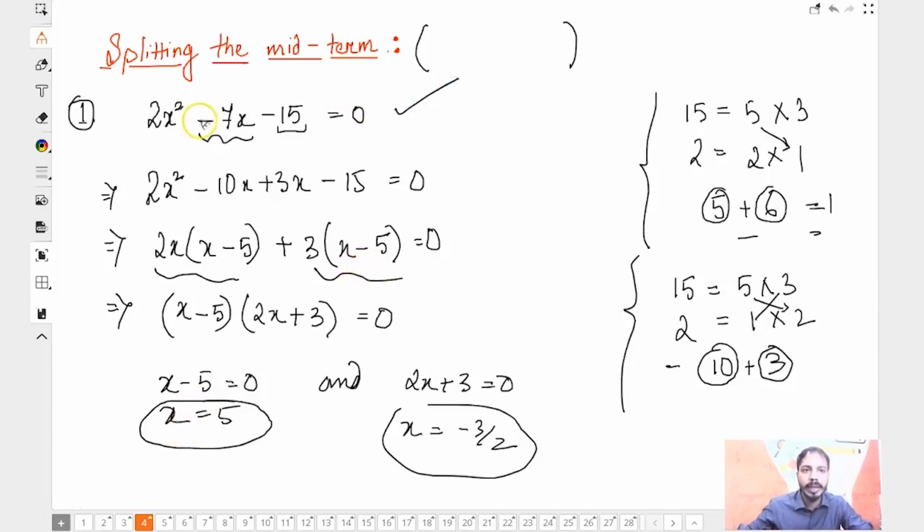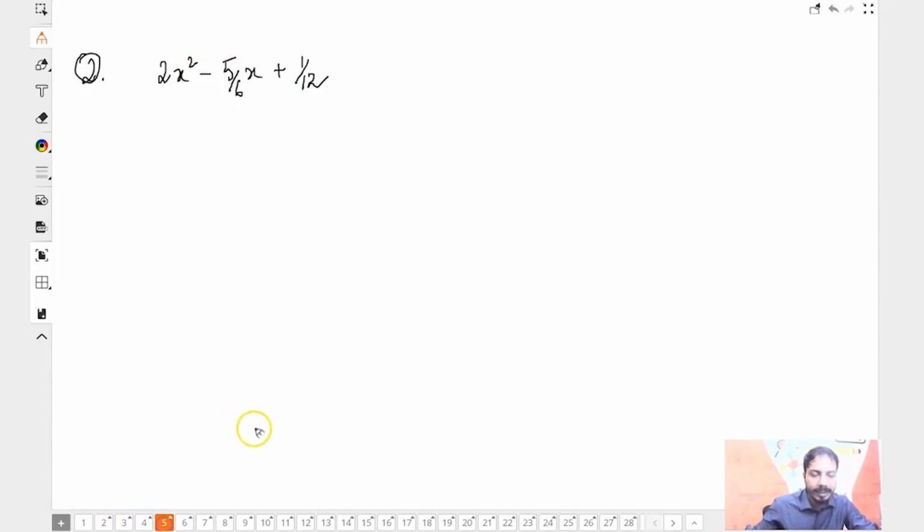That means if I put x equal to 5 here, I will get 0, or if I put x equal to minus 3 by 2 here, I should get 0. So let's take the next question and see if we can apply this. You see, in these types of questions you have something in the denominator. So let's simplify this before we solve it.